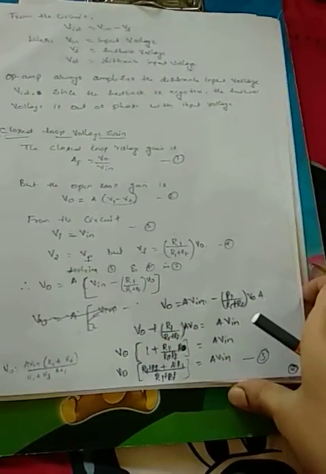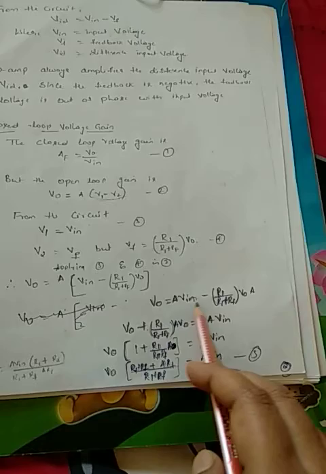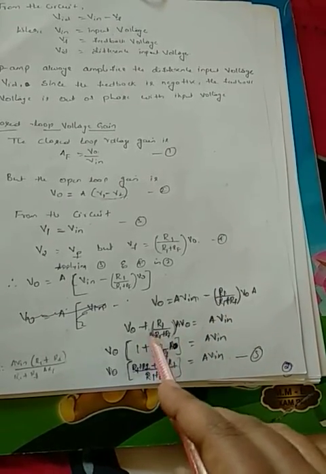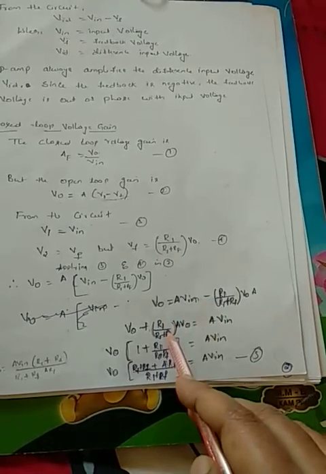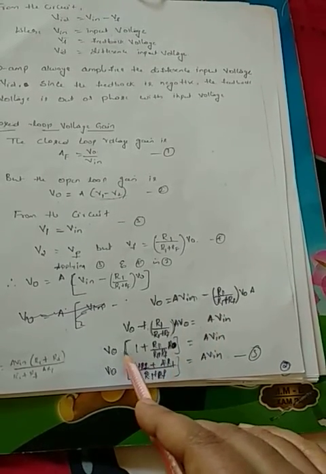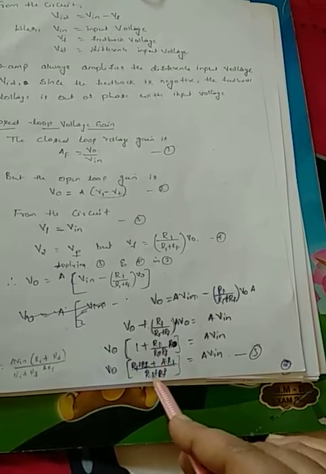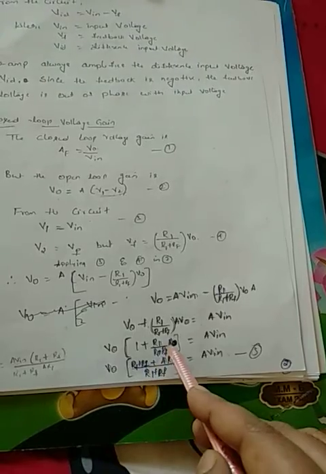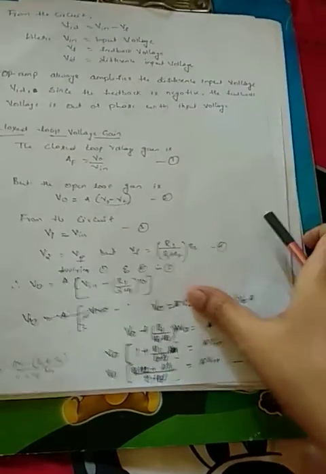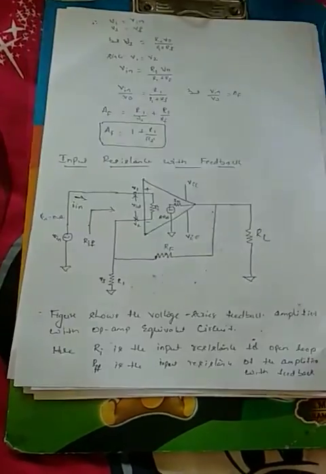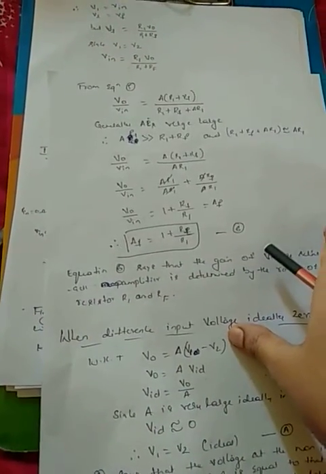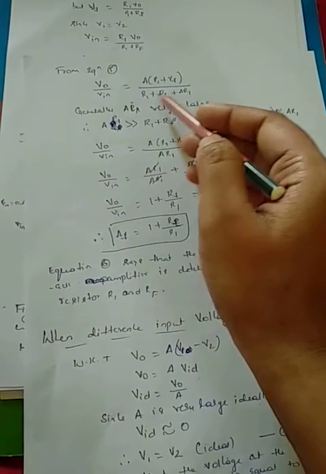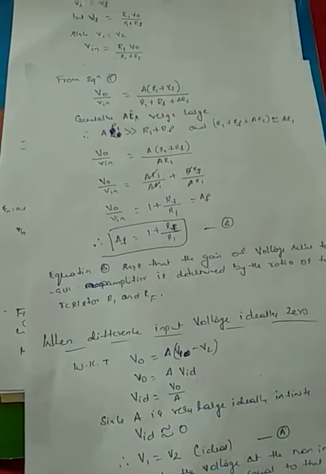Solving this we get V naught is equal to A Vin minus A R1 divided by R1 plus Rf times V naught. Taking V naught common and taking the LCM R1 plus Rf, we get V naught divided by Vin is equal to A times R1 plus Rf divided by R1 plus Rf plus A R1.